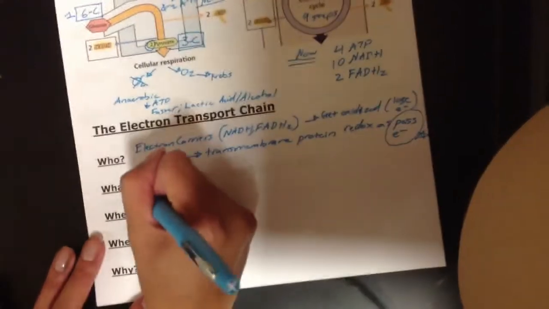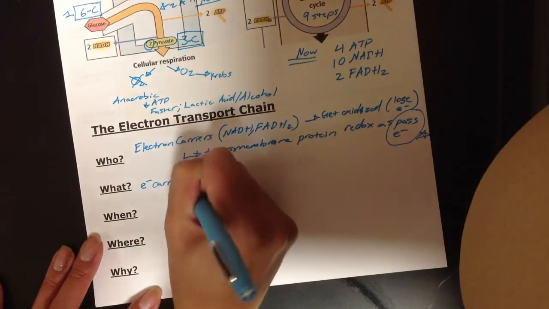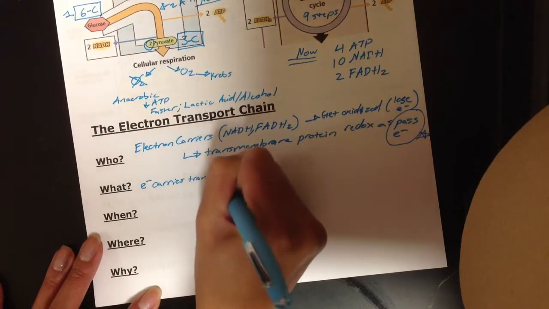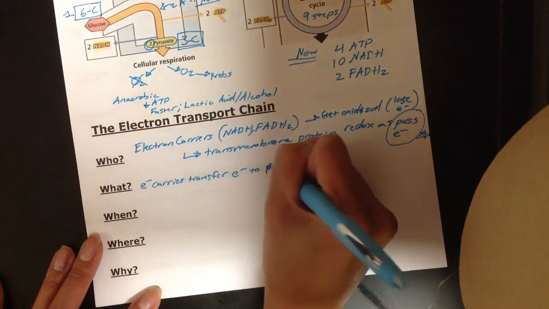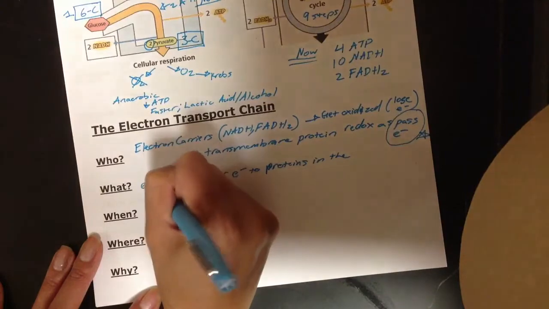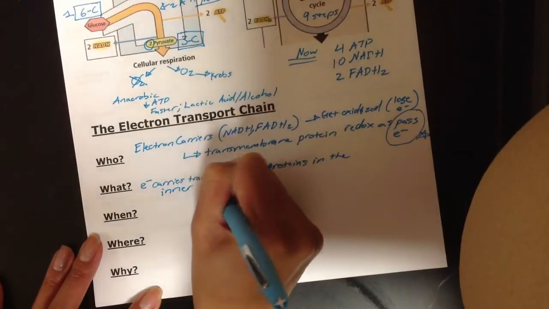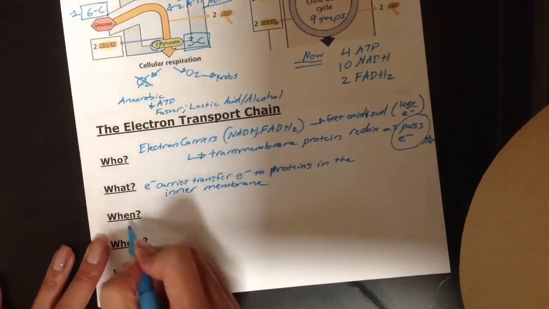So what actually occurs, again, our electron carriers will transfer electrons to different proteins in the inner membrane of the mitochondria. Okay? When does this occur?